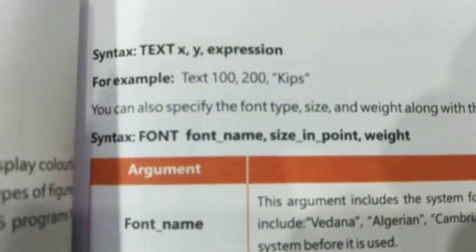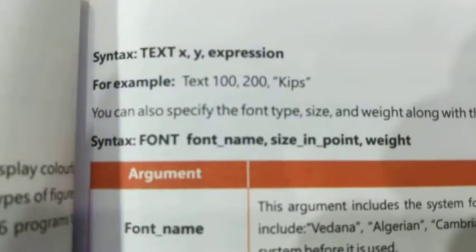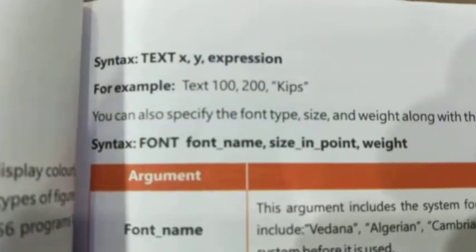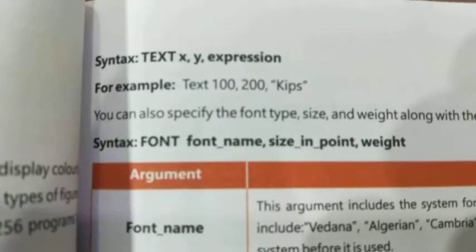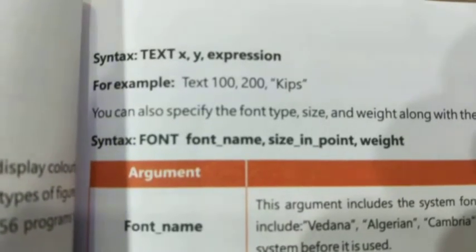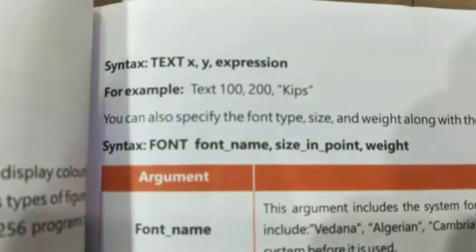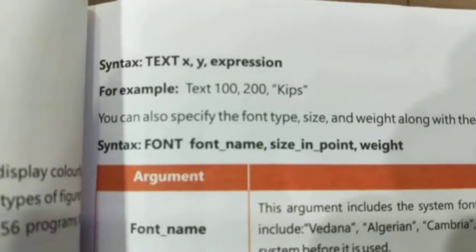You can see the example, text 100,200 and then you write the word KIPS. When you give this command, you can see your output will be like this. And you have to make the program like this.